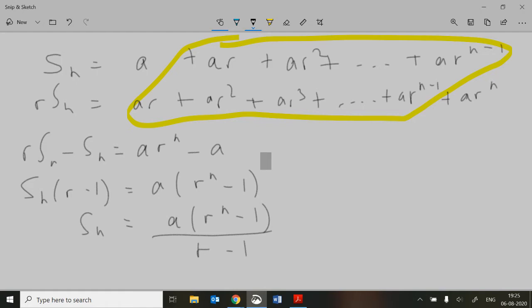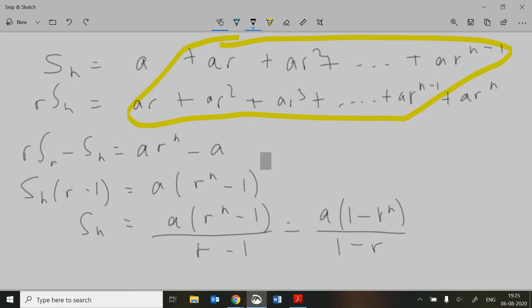Now that's pretty useful if r is bigger than 1. But if r is smaller than 1, a lot of people like to change the formula around and use this version of it. So if I times the top by minus 1, and if I times the bottom by minus 1, I can switch around the thing inside both of the brackets.